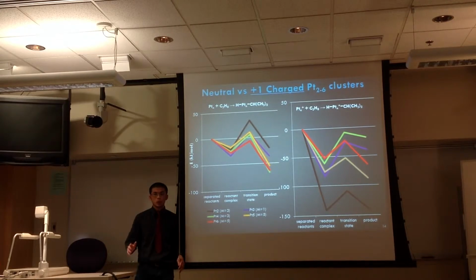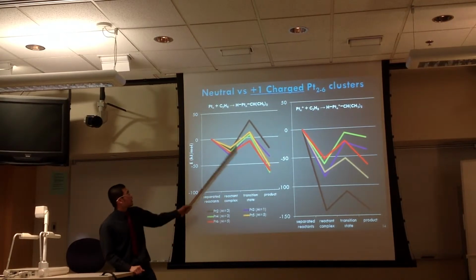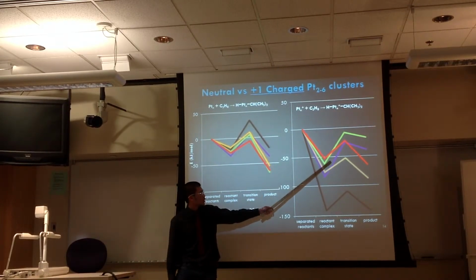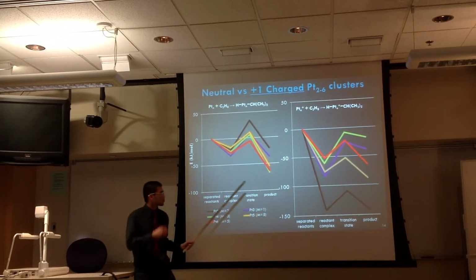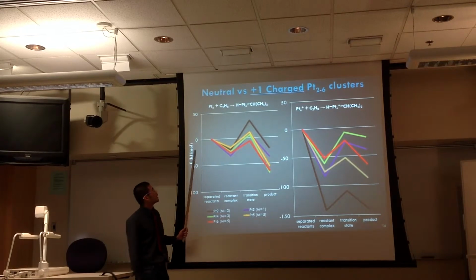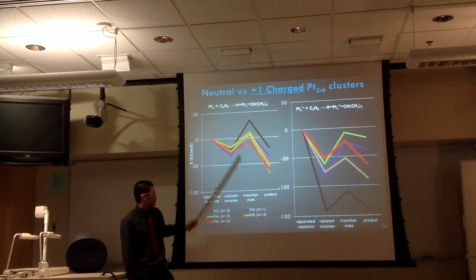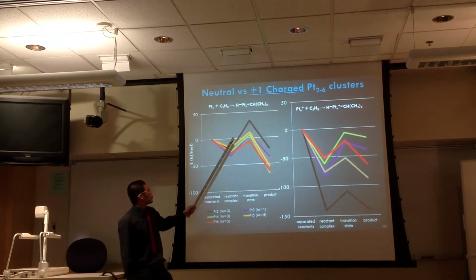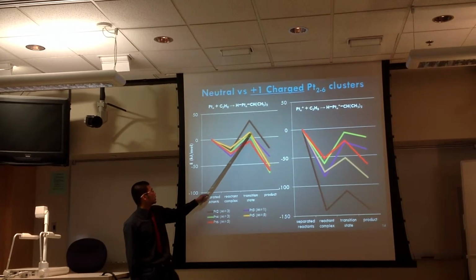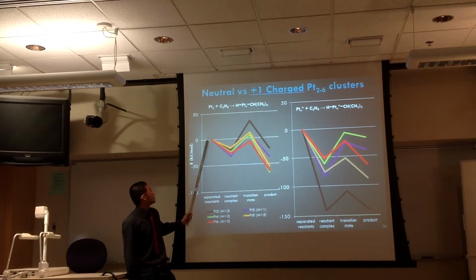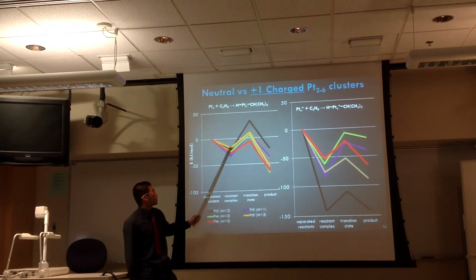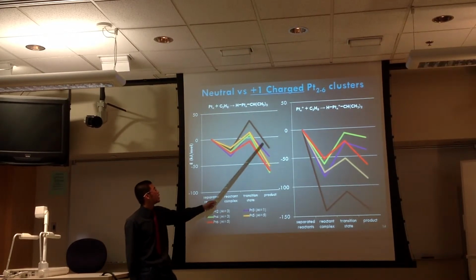On the left is the graph of the neutral cluster, and the right one is the positive cluster. As you see, on the transition state, most of the clusters concentrate on the energy barrier. One of them gets higher than the energy barrier.